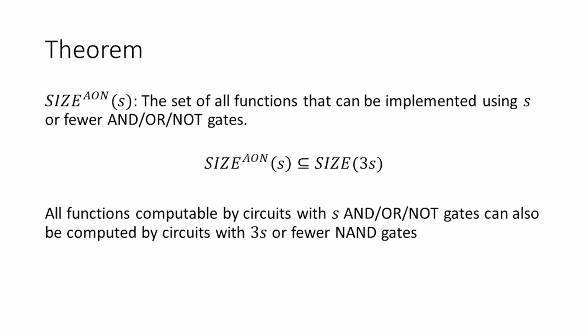So we could end up with some sort of circuit for that function that is larger than the most efficient circuit. And that is okay. Because even though we ended up with something that was larger, since this 3S was an upper bound, every function that could be implemented with fewer than 3S gates also belonged to size 3S.